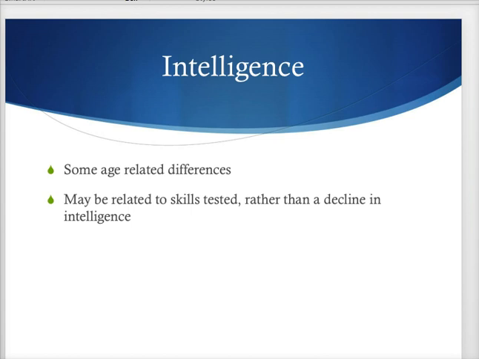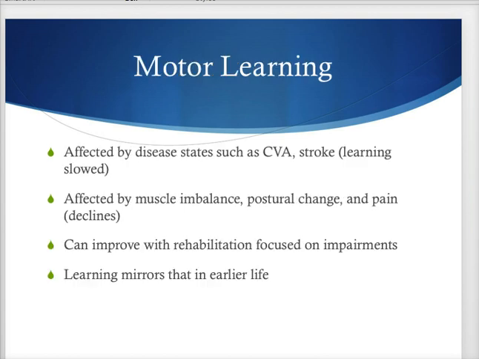As mentioned, really there's no decline in intelligence. Motor learning can be affected by disease states, muscle imbalance, postural change, and pain. And we can improve this with rehabilitation focused on impairments. And with motor learning, learning mirrors that in earlier life.